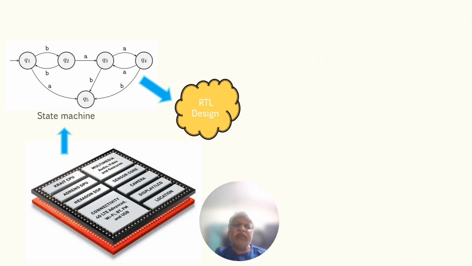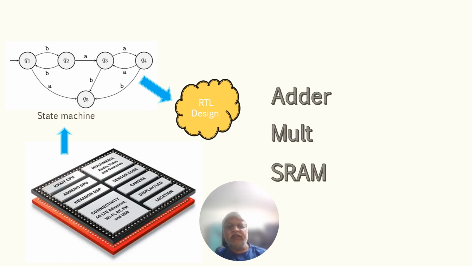To model the behavior of the subsystem blocks, RTL design usually includes adders, multipliers, counters, and memory elements such as SRAM and DRAM, so that the state machine will be realized. Sometimes the adders, multipliers, or counters may be realized by using the gates of the technology library.